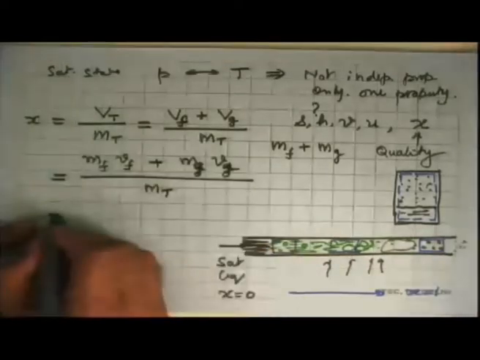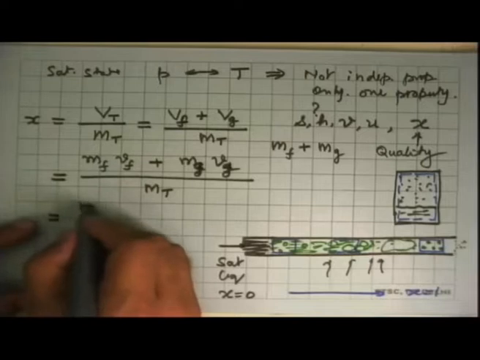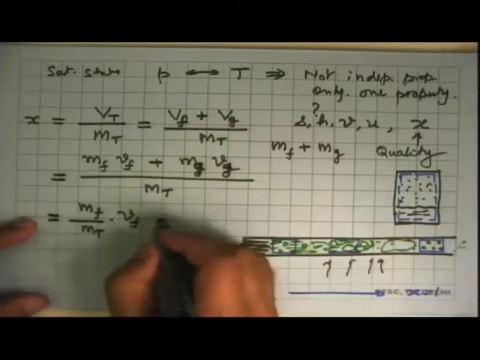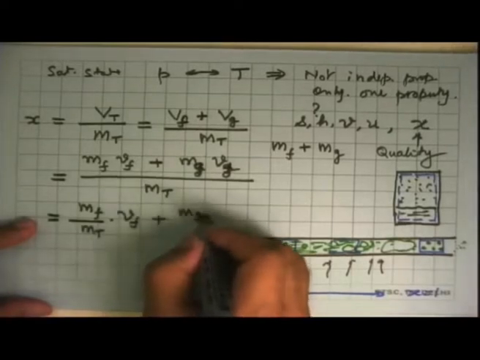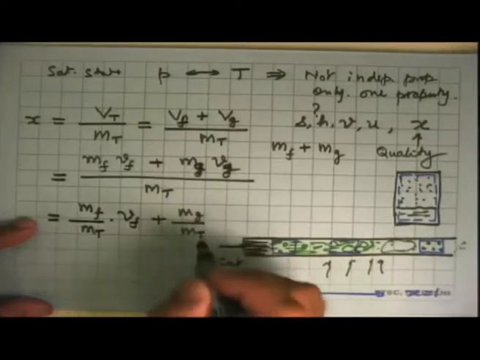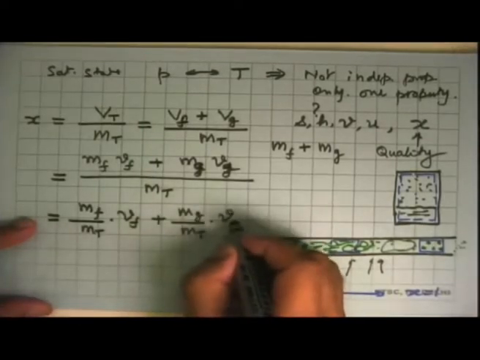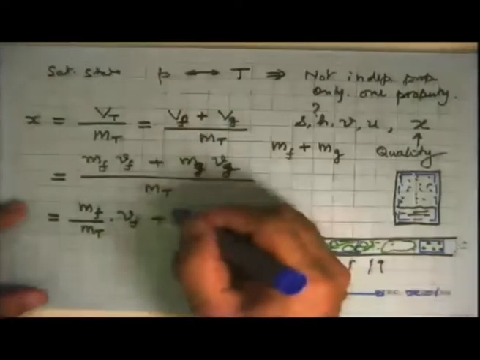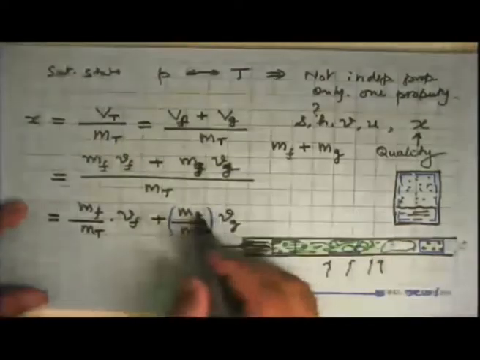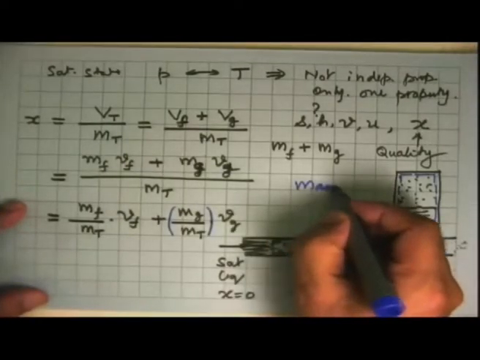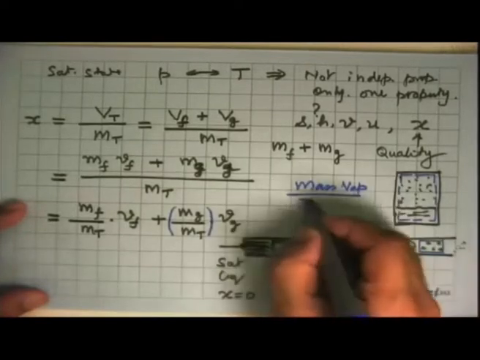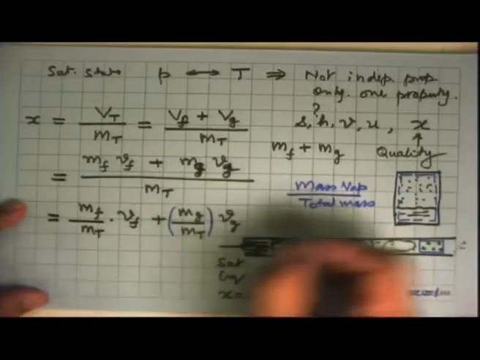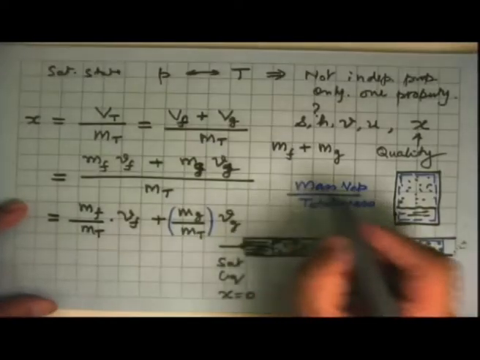And then we can break this up: this is the mass of the fluid, which is the liquid, divided by total mass, multiplied by the specific volume of the liquid, plus the mass of the vapor divided by the total mass of the mixture, multiplied by the specific volume of the vapor. And here we define this property: this ratio, mass of vapor divided by the total mass, is our dryness fraction, x.